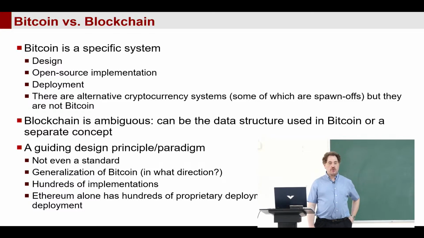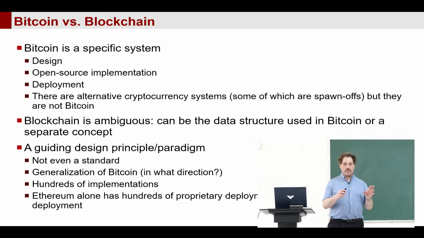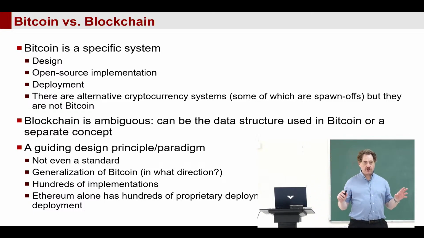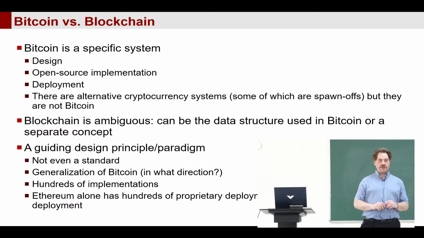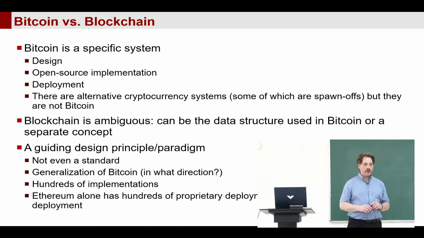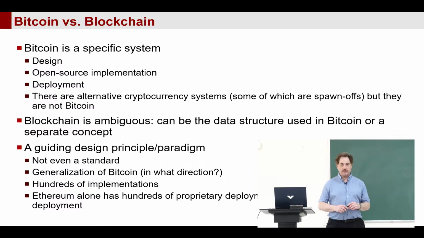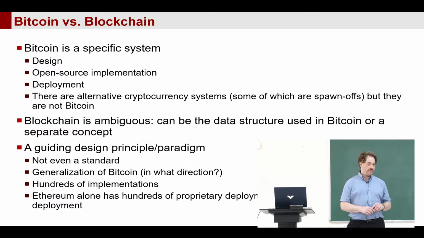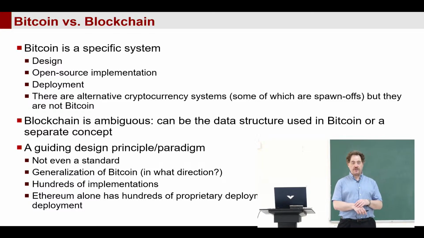There are hundreds of different systems and implementations, and if you take Ethereum alone, there is one major public deployment of Ethereum. But you can also take Ethereum and install it yourself on your computer, with your friends, within your organization.